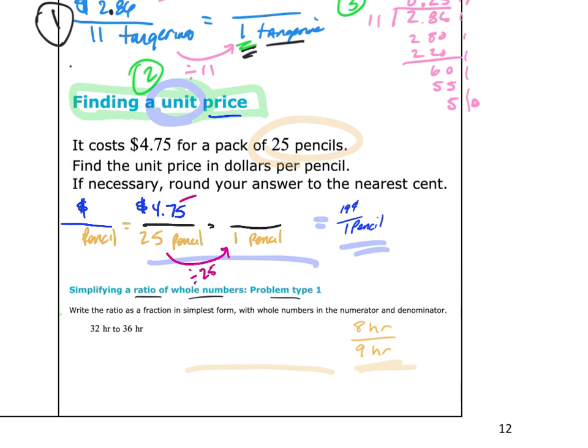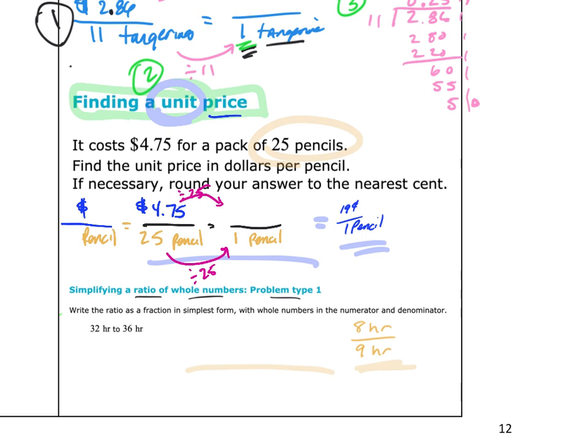That means we have to divide 4.75 by 25. If we're dividing 475, that's really saying how many quarters are in $4.75. And so you can do the long division over here.